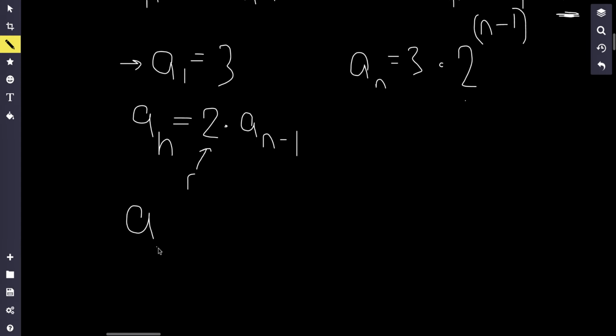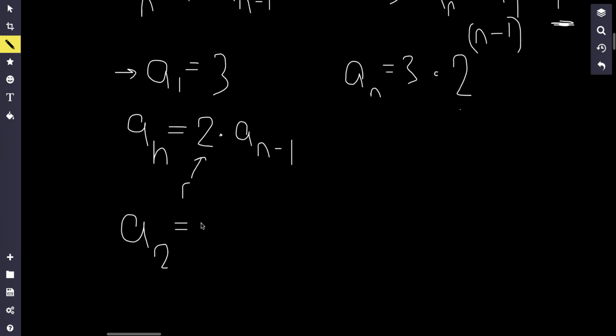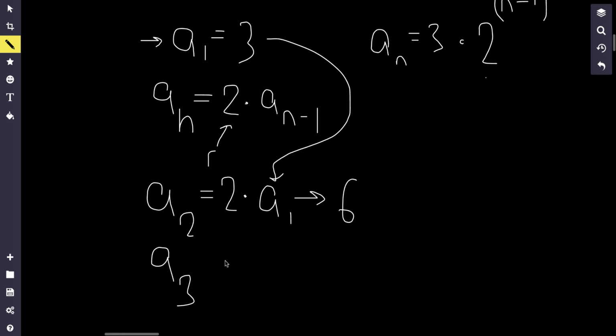But you can also confirm things for yourself. Let's say we wanted to find out what a sub 2 is equal to. Let's just check our work, for extra practice. So a sub 2 is going to be equal to 2 times a sub n minus 1, so a sub 2 minus 1, which is a sub 1. And we know that a sub 1 is equal to 3. So substituting 3 in for this, we get 2 times 3, which is 6. If I want to find out a sub 3, same process. It would be 2 times a sub n minus 1, so a sub 3 minus 1 is a sub 2.